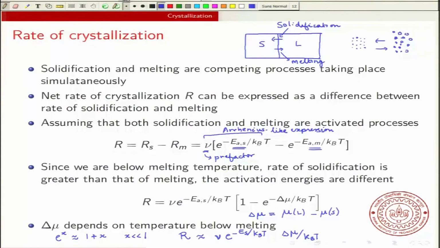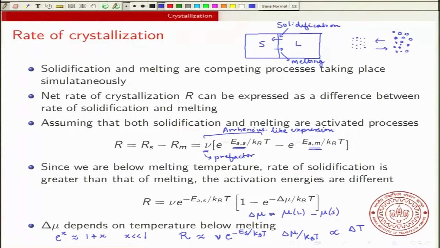In this simple picture, we see that the rate for small temperatures is proportional to delta mu. And further you can show that, again for small temperatures, this rate looks proportional to delta T.